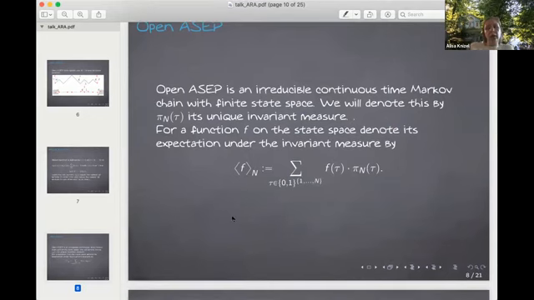So now, overall there's a connection between the height function of the open ASEP and the solution to the KPZ equation.